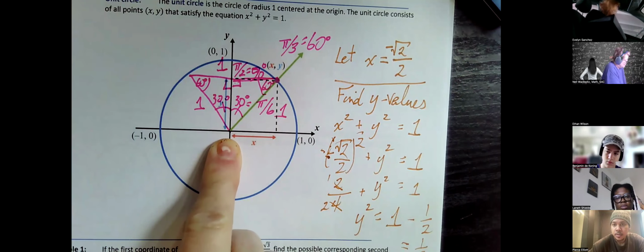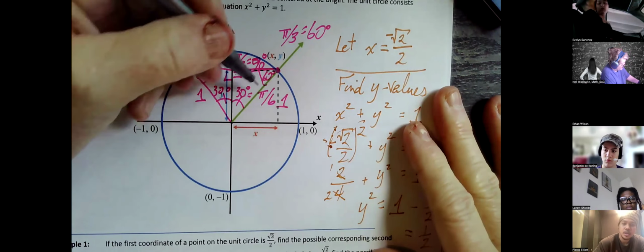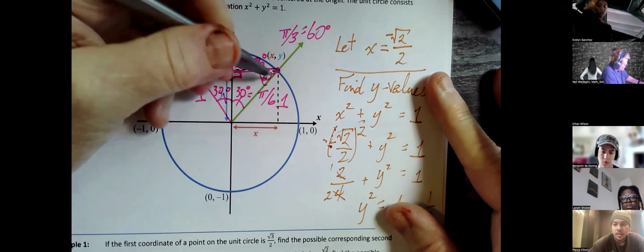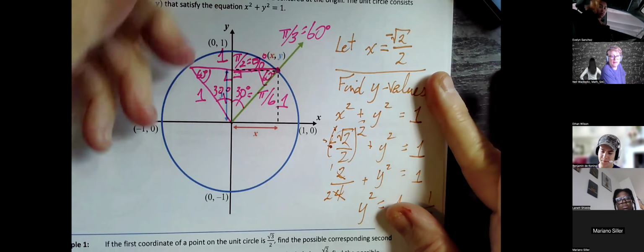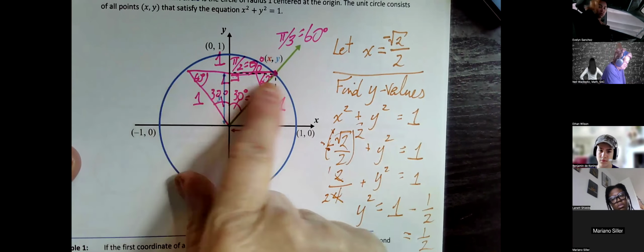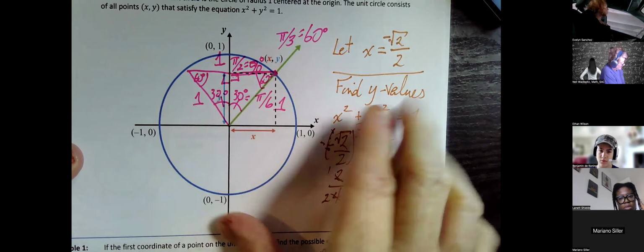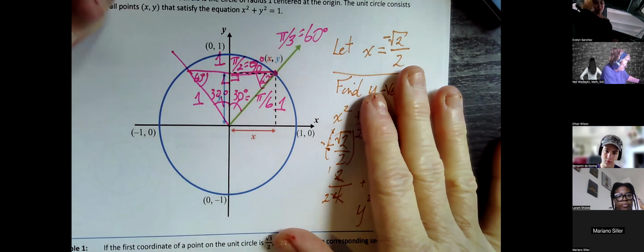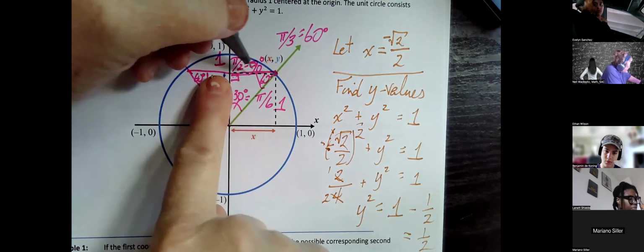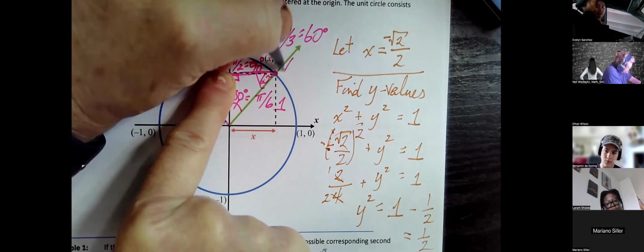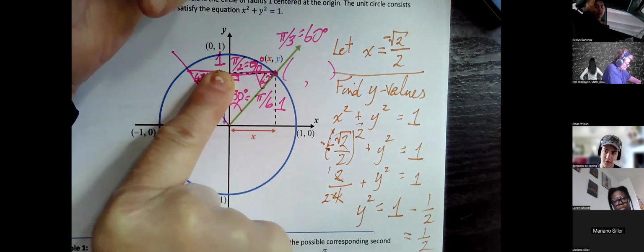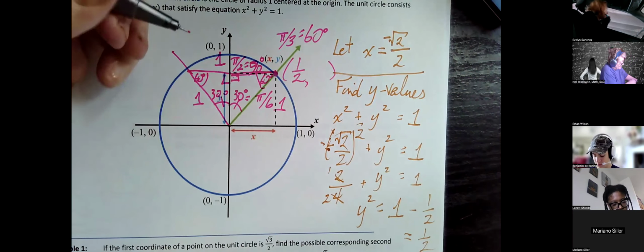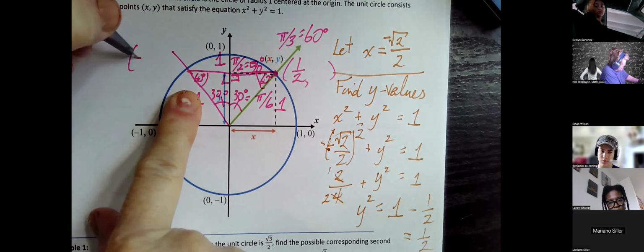Equilateral. Yes. So that means all of the angles are the same, which we knew. All of the lengths are the same, and that's what we're going to use. So what is the total length for x here? The total x direction? 1. And that means that half of it is going to be 1/2. Beautiful. That means that the other side, because we're on the negative x-axis, is negative 1/2.